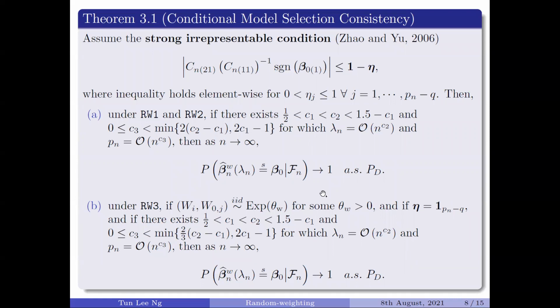One thing we want to point out here is that for weighting scheme 3, whereby we assign different random weights for each penalty term, we require a more restrictive assumption here, whereby the irrelevant predictors must be uncorrelated with the relevant predictors. The statement of the result here actually concerns the conditional probability of the random weighting samples achieving the same sign or getting the sign consistency with the true model. But of course, this is a more restrictive case, and it covers the conditional model selection consistency that we are interested in.